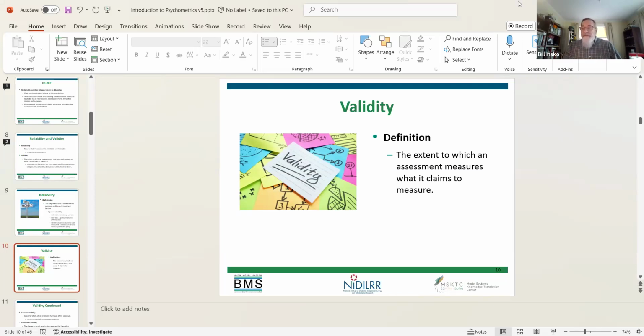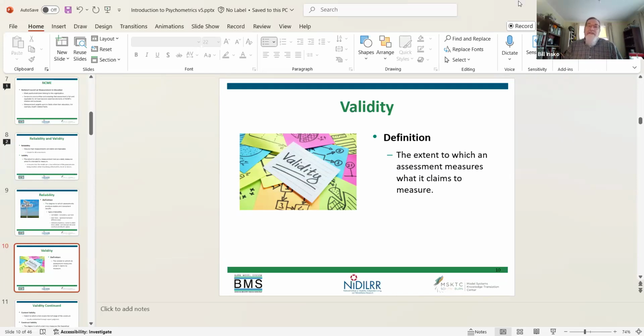But suffice it to say that if someone says the validity of this instrument is this, you can probably say that with reliability, but with validity, I don't know. Validity centers around the use of the test. A psychology test might be really valid for a group of psychology students, but if you give the psychology test to geography students, it's not valid, but it's the same test.